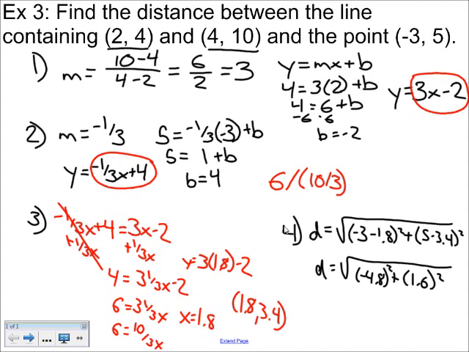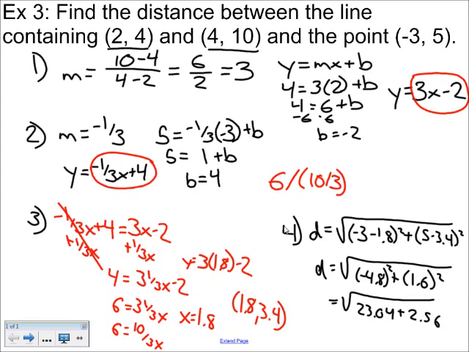And then square each one of those. The negative you don't really need to type in. The negative is the same thing as the positive when you square. What's 4.8 squared? 23.04. And what's 1.6 squared? 2.56.